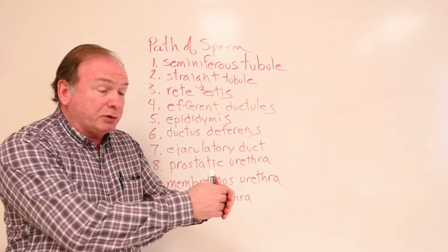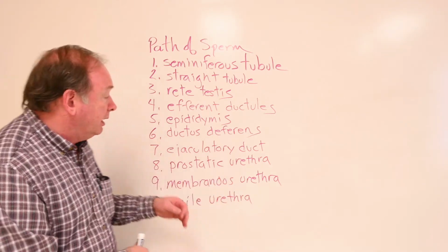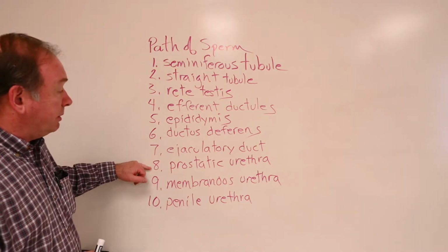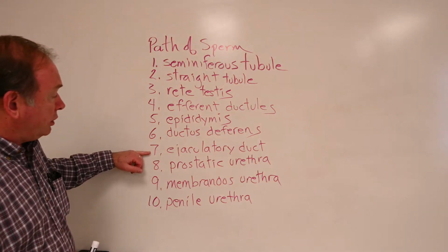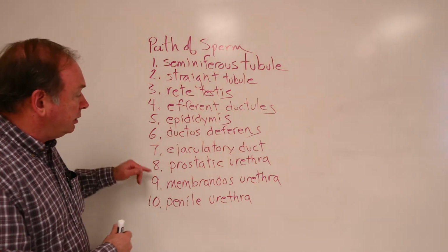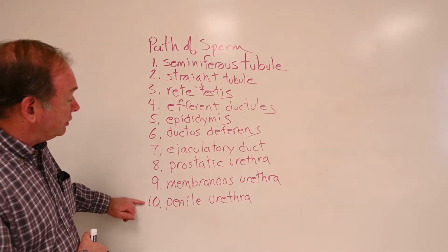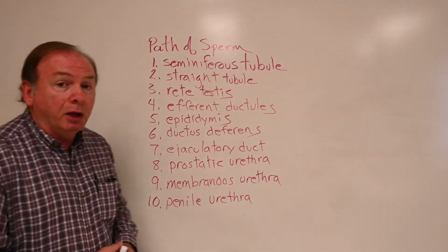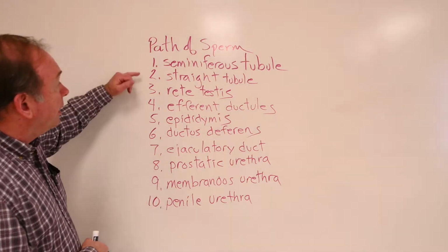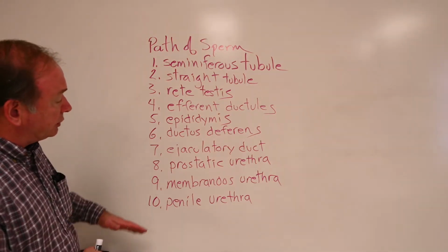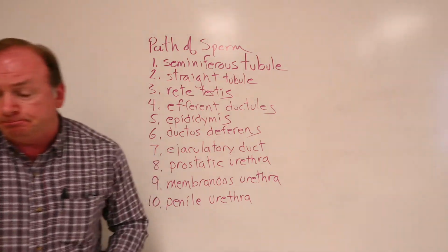So it actually passes through the prostate, that ejaculatory duct there. Next is the prostatic portion of the urethra. So the ejaculatory duct leads into the prostatic urethra. Prostatic urethra then goes into membranous urethra, and then finally penile urethra. So those are the 10 different passageways that sperm will pass through on the way out of the body.